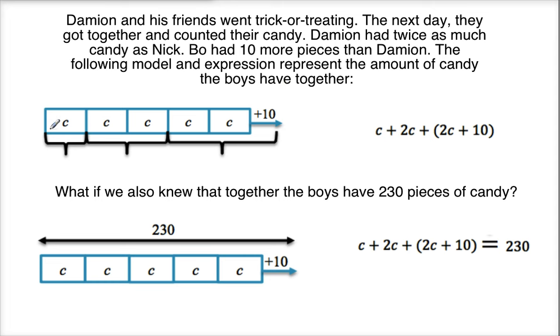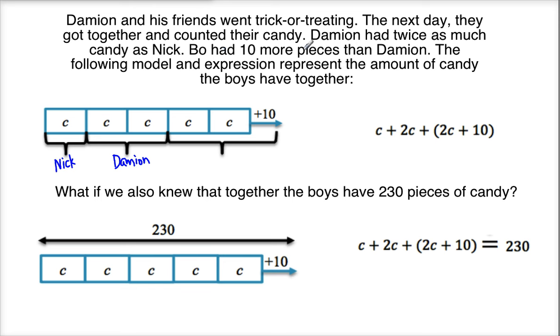Okay, so C right here represents how much Nick has. Damien had twice as much candy as Nick, so if Nick had one set of candy, Damien would have two, so this is Damien right here.